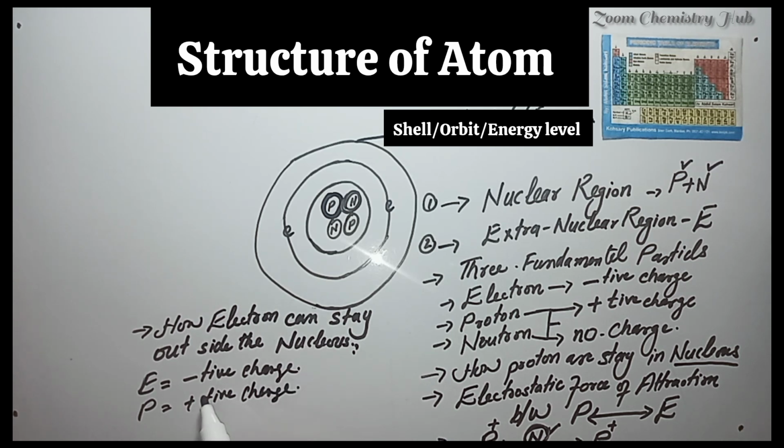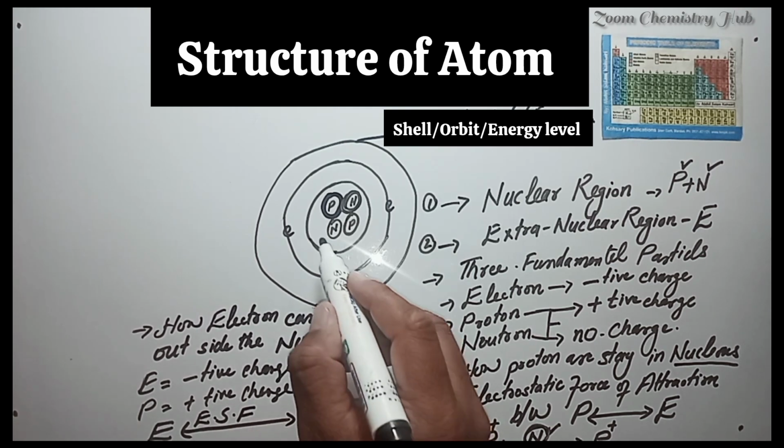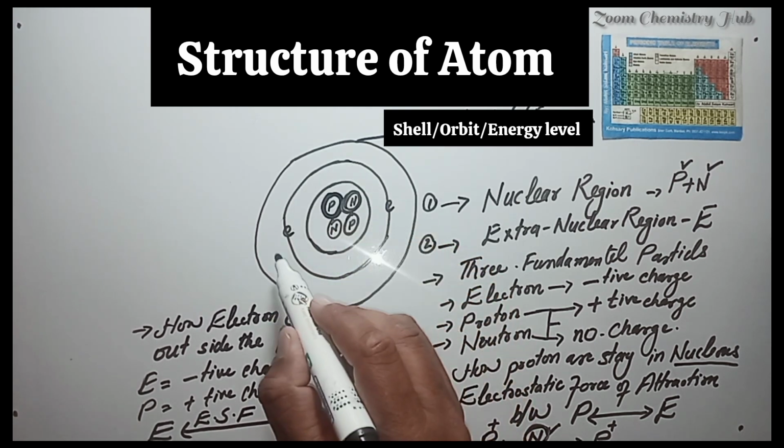So between these oppositely charged particles, an electrostatic force of attraction is present. Between the electrons and the protons in the nucleus, the electrostatic force of attraction keeps the electron within the shell.